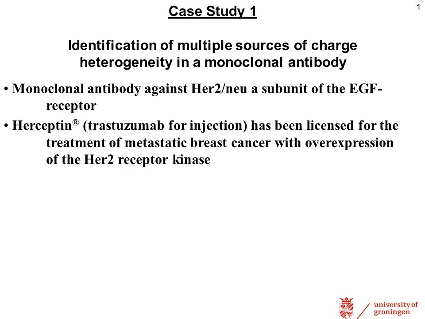Herceptin, or trastuzumab for injection, has been licensed for the treatment of metastatic breast cancer with overexpression of the HER2 receptor kinase. It is an interesting example of a combination of a bioanalytical assay, a diagnostic assay, to confirm the overexpression of the HER2 receptor kinase, and the subsequent treatment with Herceptin. This is what is known as a companion diagnostic.